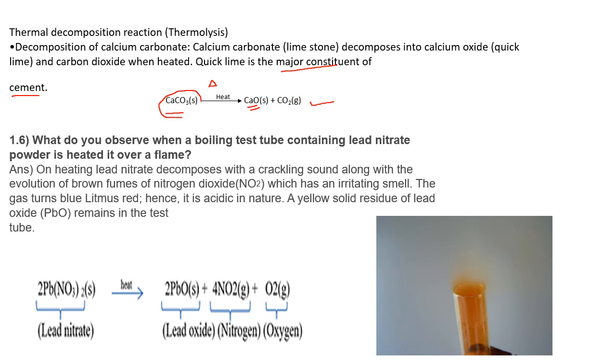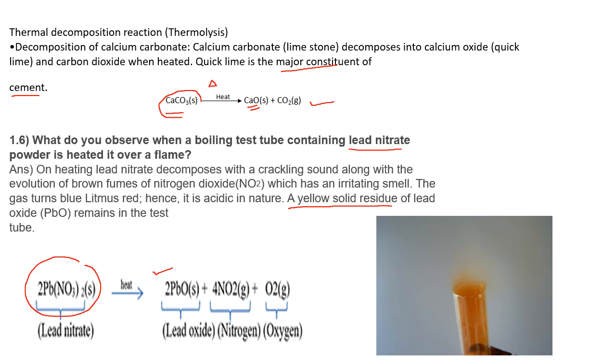Coming to the next question. What do you observe when a boiling test tube containing lead nitrate powder is heated over a flame? So when you heat lead nitrate, PbNO3, this powder, you are getting lead oxide, okay, which is a yellow solid residue.